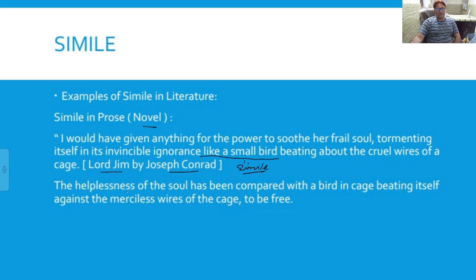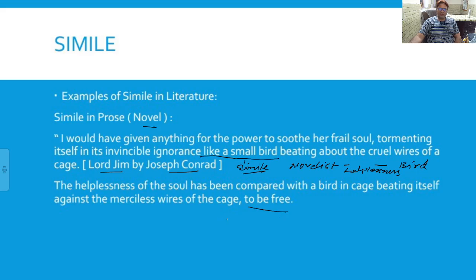And what is the common part here between the novelist's character in this novel and the ensnared bird? The common feature is helplessness. The helplessness of the soul has been compared with a bird in a cage beating itself against the merciless wires of the cage to be free.